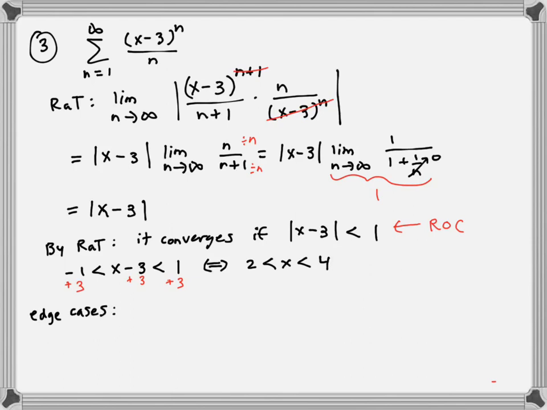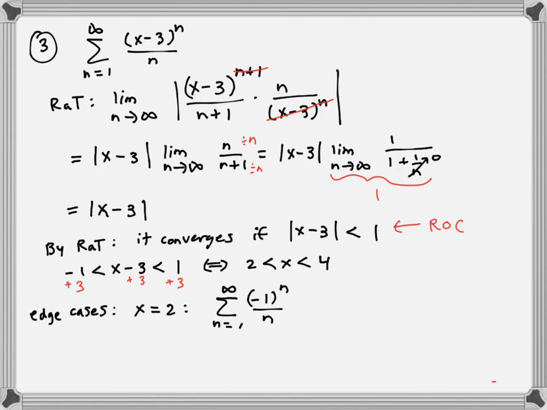So first edge case, let's do x equals 2. What do I get when I plug x equals 2 into the original series? If I plug x equals 2 in there, I end up with 2 minus 3, which is negative 1. We get negative 1 to the n over n. Okay, we have already done this problem.